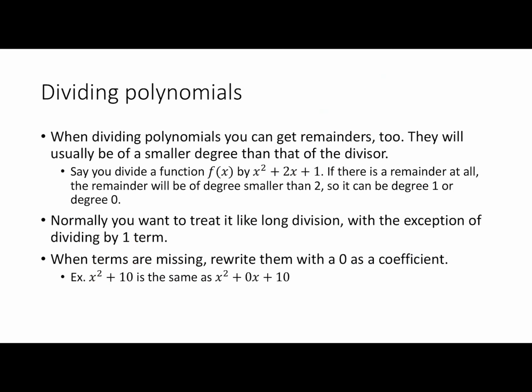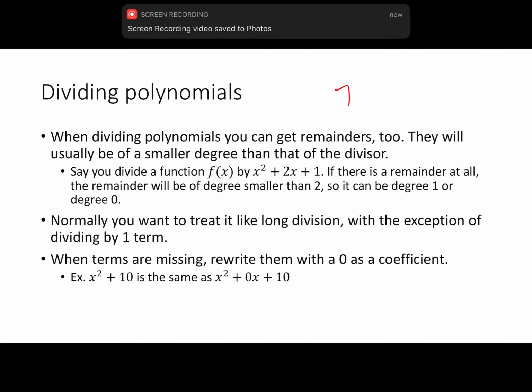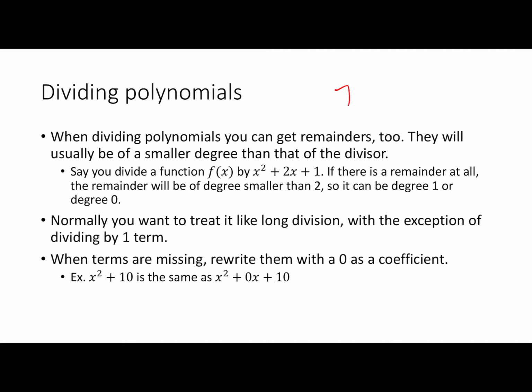So, dividing polynomials. Whenever you're dividing polynomials, you want to remember that whenever you're dividing numbers, you're going to get remainders. So let's say we have something like 7 divided by 3. Well, 7 divided by 3 is 2.